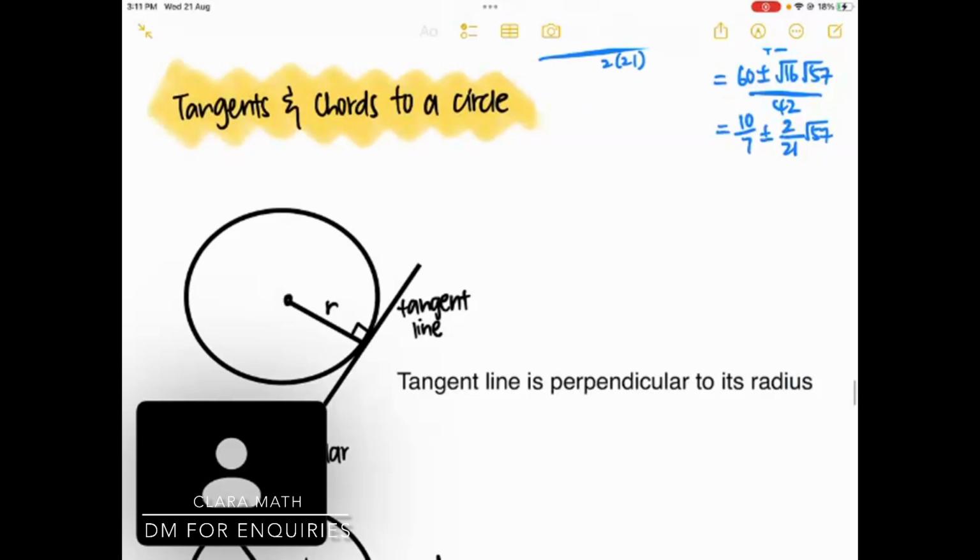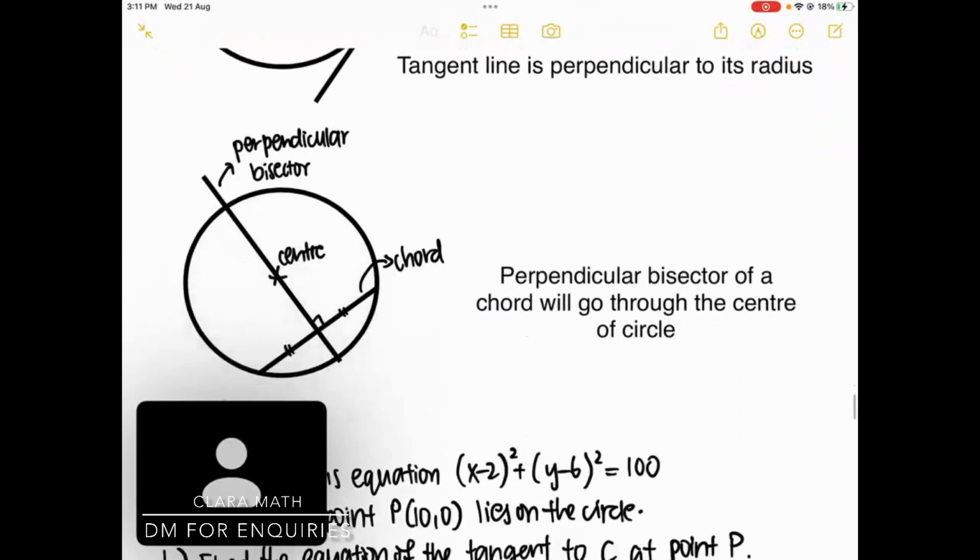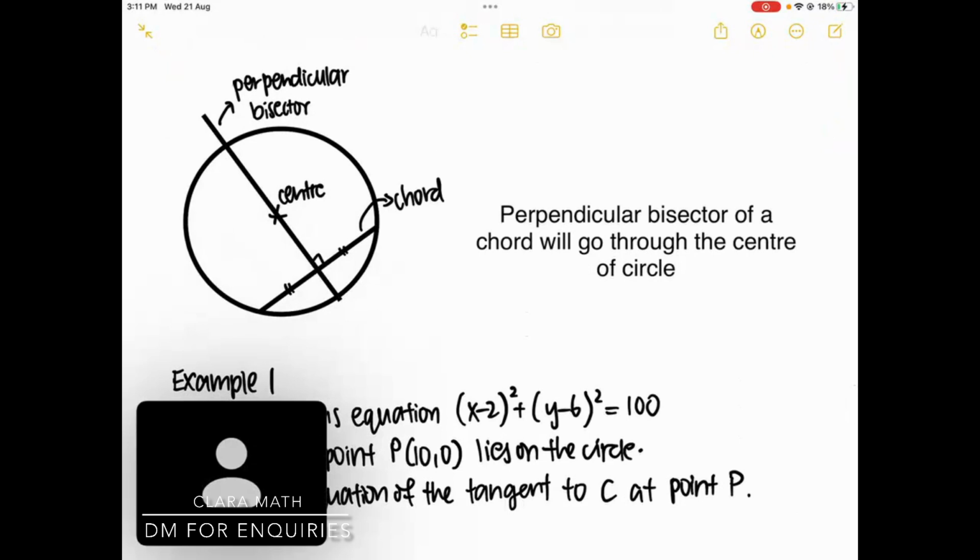Okay, next one is about tangents and chords to a circle. If you have a line that is touching the circle at just one point on the outside, it is called a tangent. If you connect the radius from the center to the tangent, it's a right angle. A chord is any line segment inside the circle that is not a diameter, touching both ends of the circle.